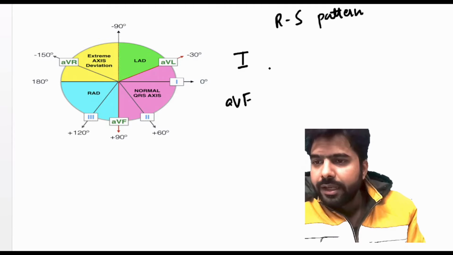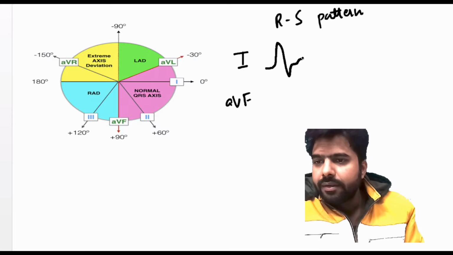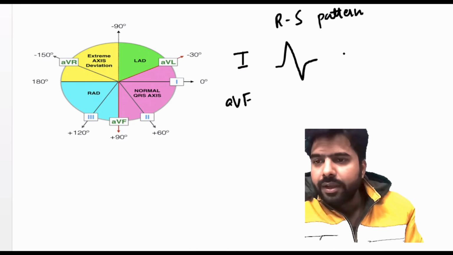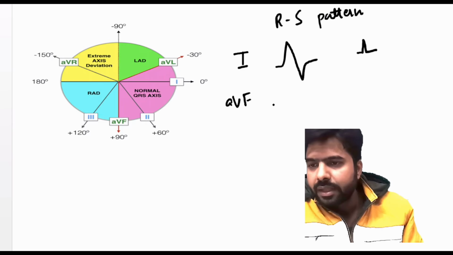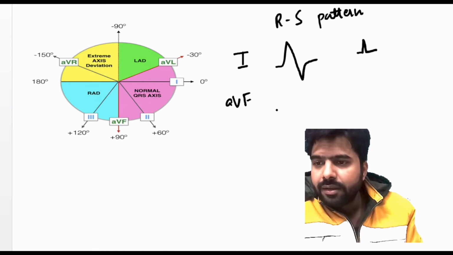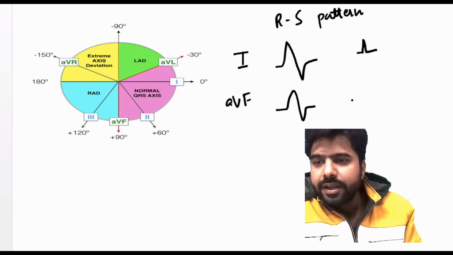Suppose in lead 1, this is R and this is S. If R is greater than S, then it is an upstroke. Then in lead AVF, we will check whether the R wave is greater than the S wave.